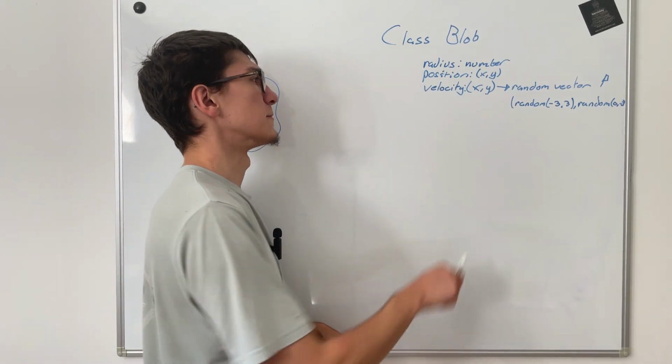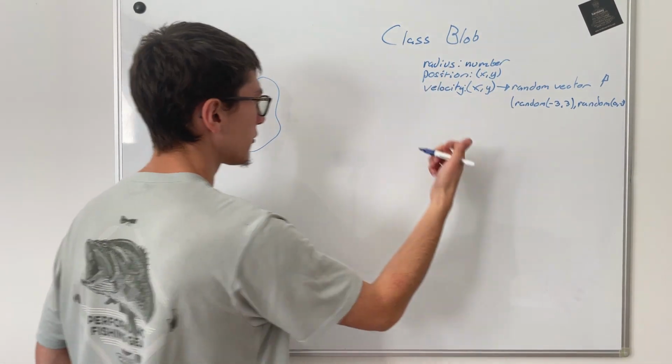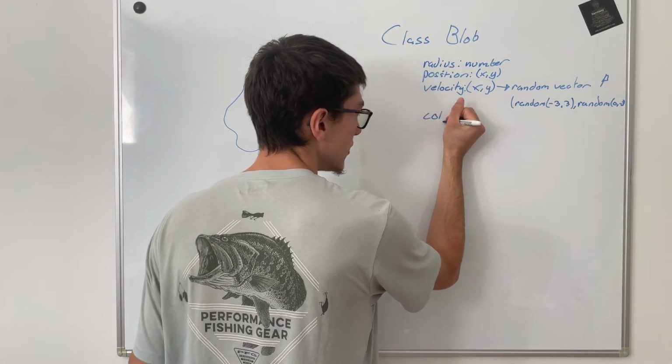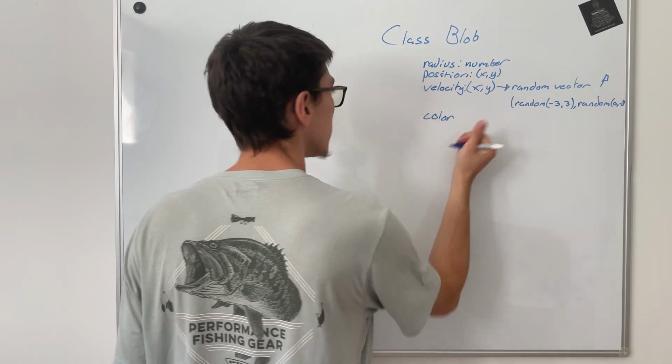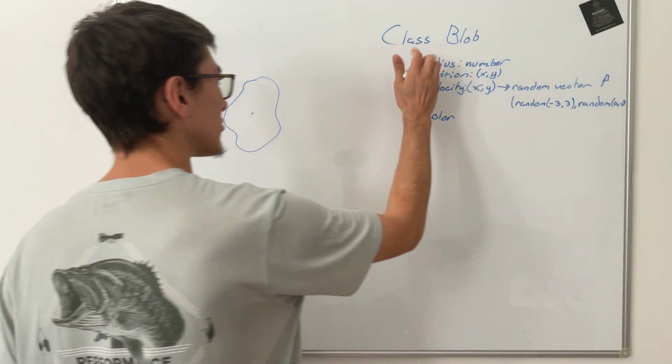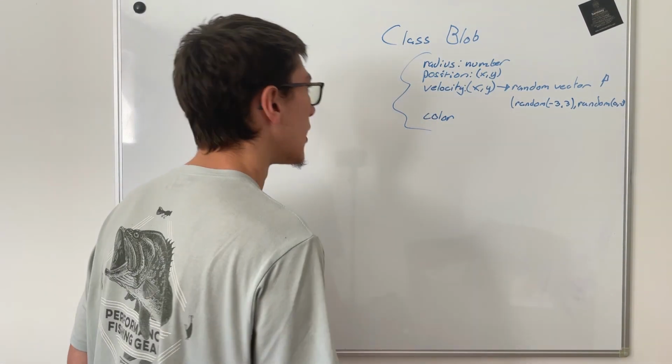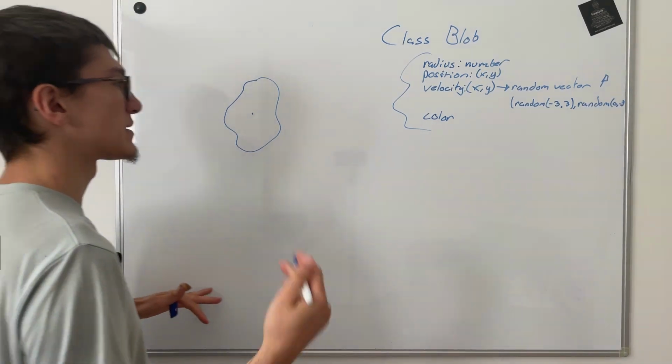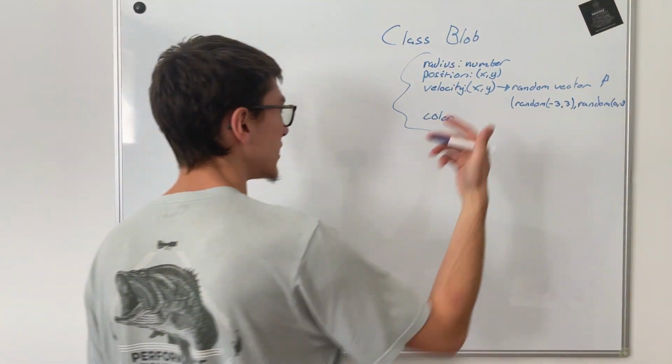Okay, what else would we need? We could have maybe a color, maybe not. I'm going to put it in here and we can implement it if we want. Okay, that's pretty much it for the variables. What else? So it needs some type of function that updates its position, right?